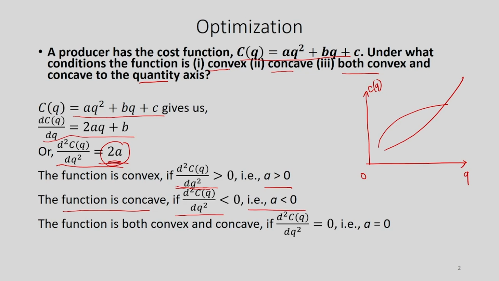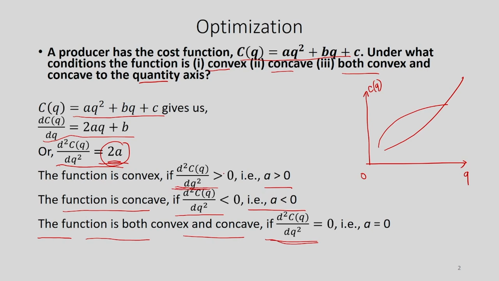The third part, both convex and concave. This is a bit tricky, but it is not actually a big deal, because a function is both convex and concave if the second derivative is equal to 0. In that case, it can be both convex and concave. What I have written here is strict concavity.